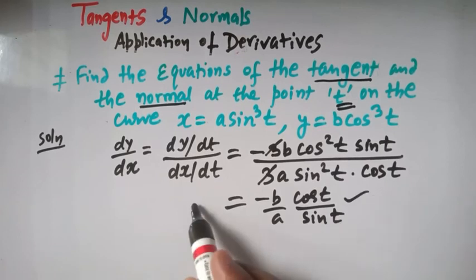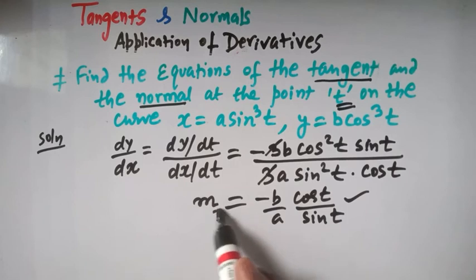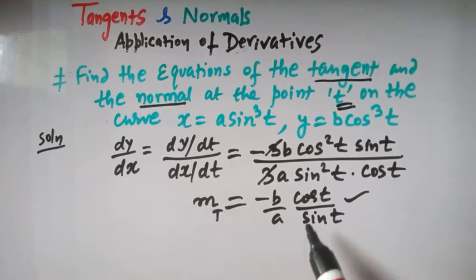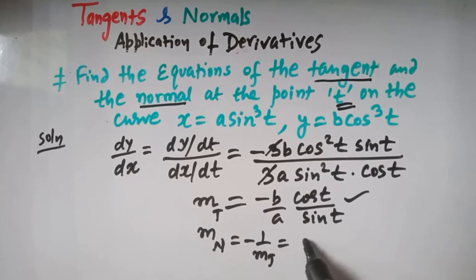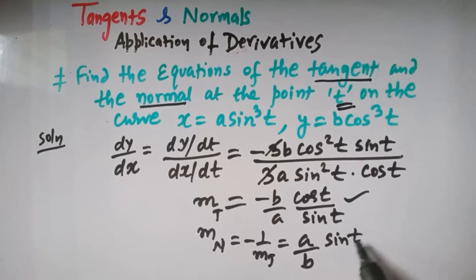Clear? So this is the slope of the tangent, minus b cos t over a sin t. Similarly, the slope of the normal is the negative of 1 over mt, which can be written as a over b times sin t over cos t.